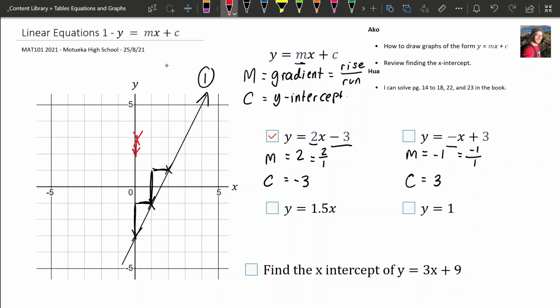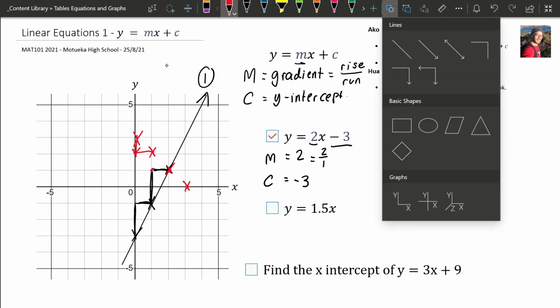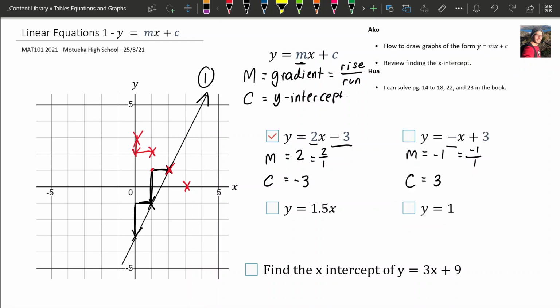Rise by minus 1, run by 1. And you should have a line that looks like that. Let's try the line. That works. All right.